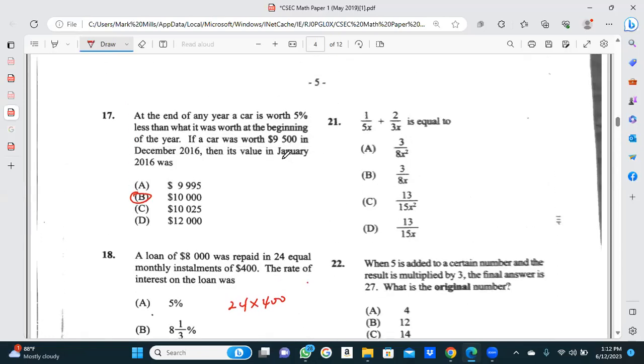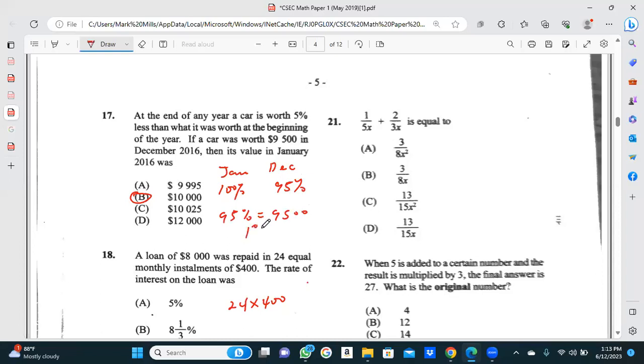All right, so for 17, the car worth 9,500 in December 2016. January comes before December, am I right? So January should be 100%, and December is reduced by 5%, so December will be 95%. Agree? So 95% will give you 9,500.